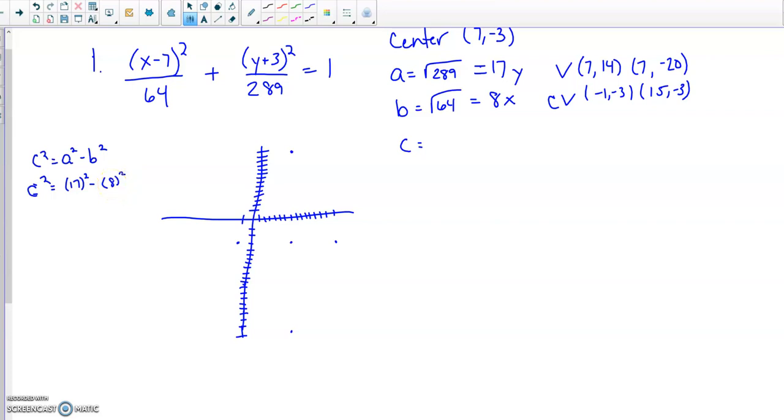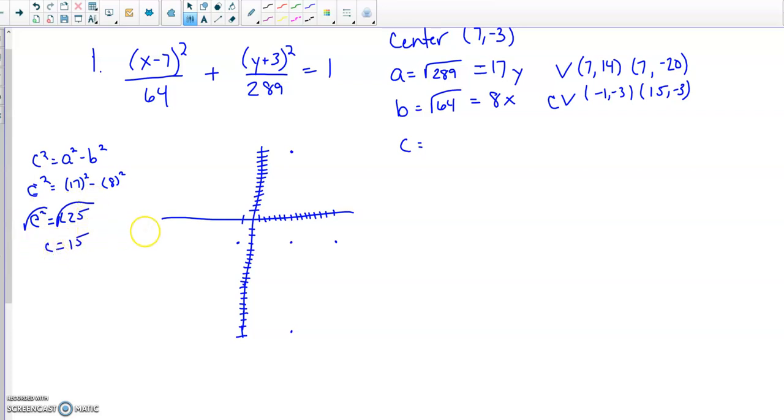I get C squared equals 225. Take the square root. So I got C is 15.